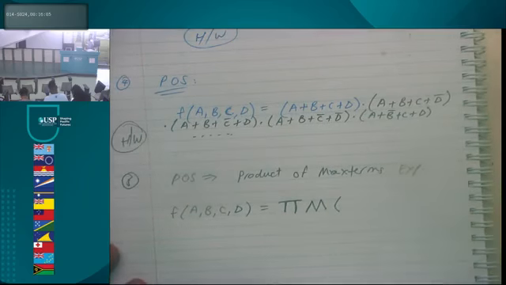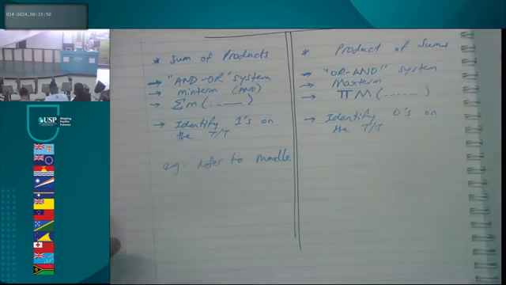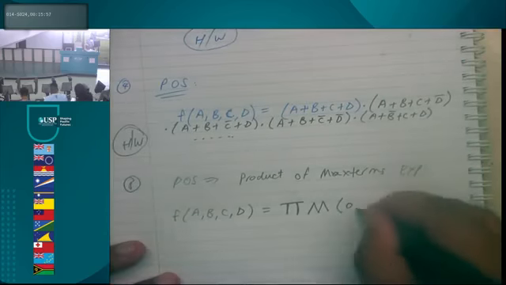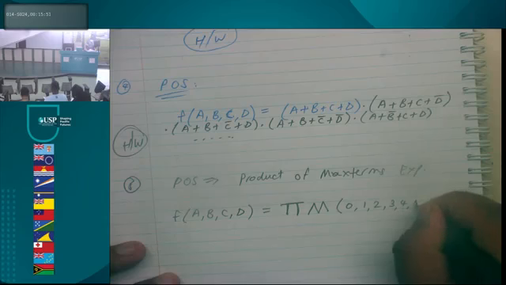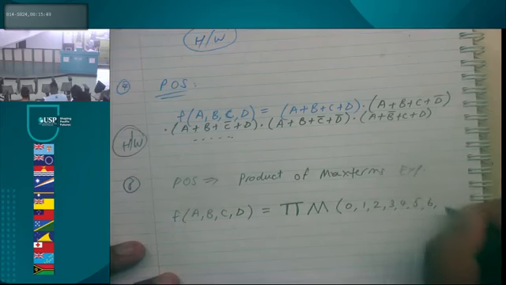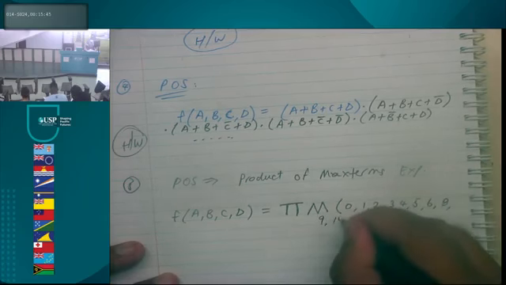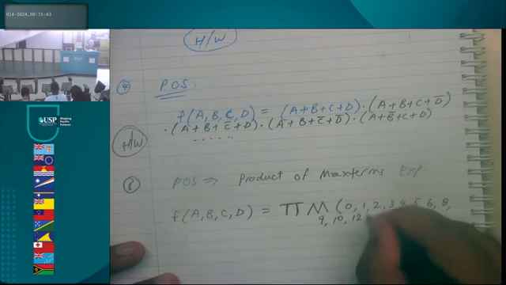Open bracket, and what do we put inside those brackets? The addresses of all the zeros. So can you give me the addresses of all the zeros, guys? 0, 1, 2, 3, 4, 5, 6, 8, 9, 10, 12. That's it.